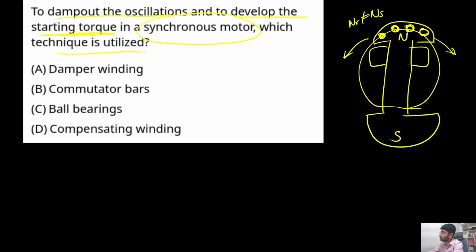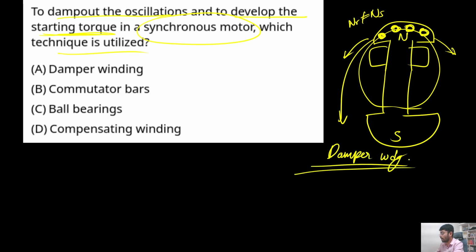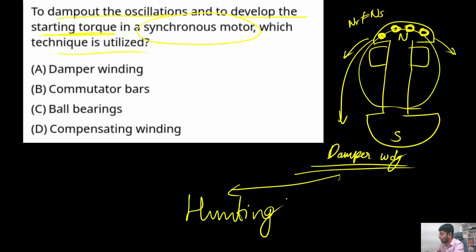So these bars which are placed in the rotor poles are called damper windings. They help both in preventing hunting and in providing starting torque. So option A is the correct answer.